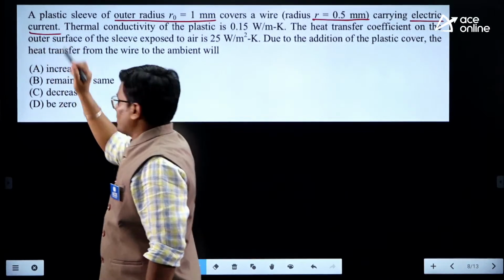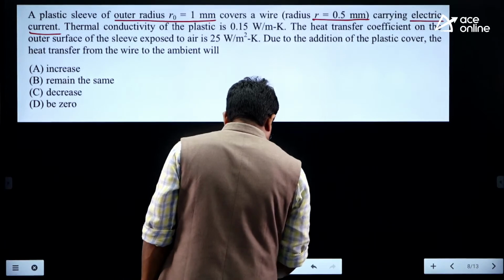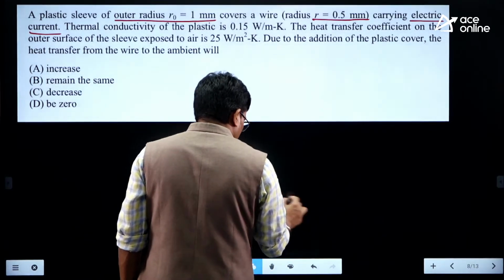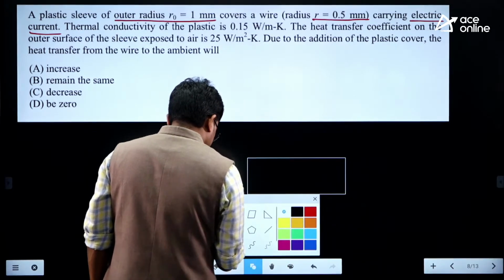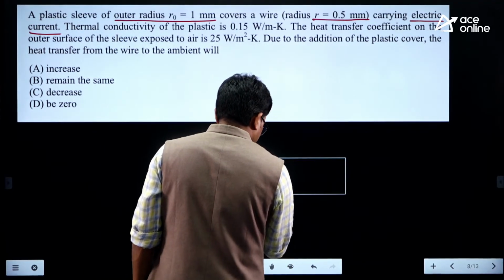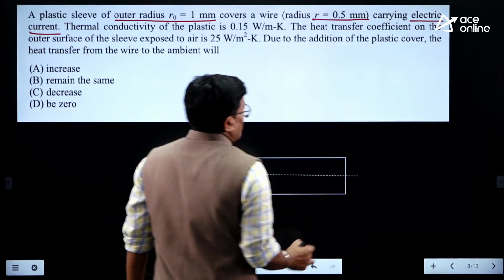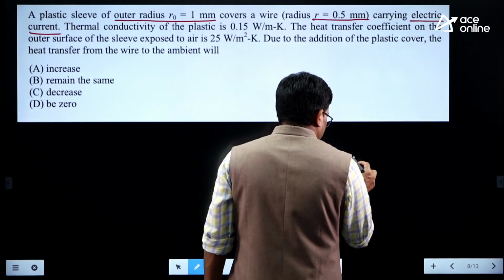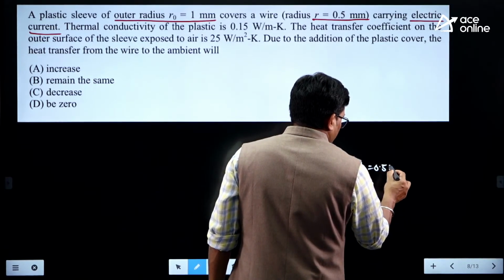So in short, there is one wire. This wire has radius R1, let us write the symbol, that is 0.5 mm, he said.